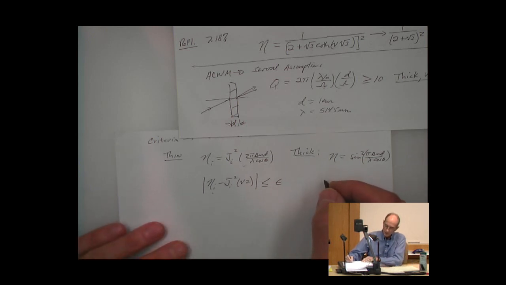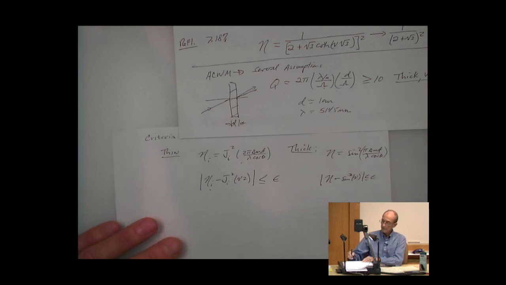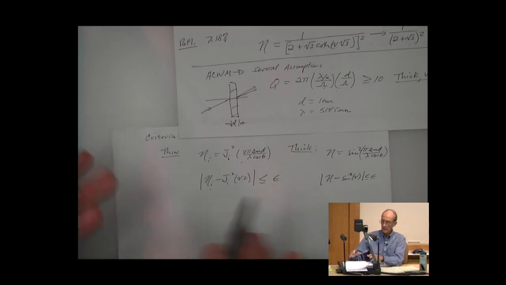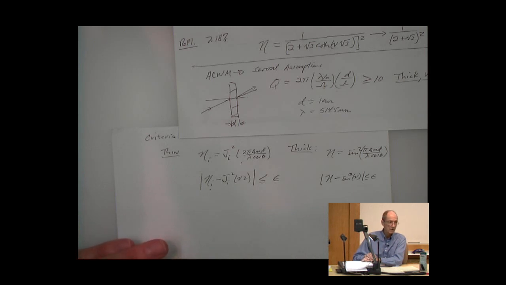And similarly, when we have the efficiency for this thick grating, the actual efficiency, minus sine squared of nu being less than or equal to epsilon, then we'll be in the volume region. So again, when the power associated with the efficiencies are less than some value, then we're going to be in one region or the other, okay?